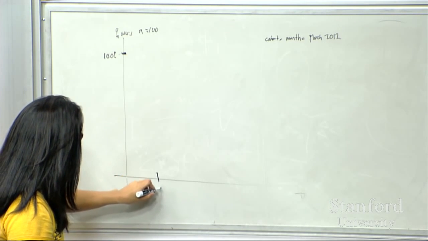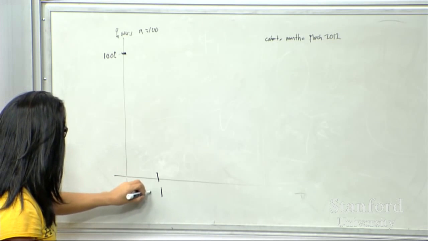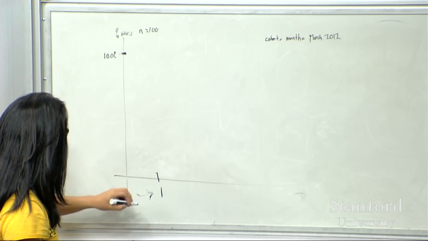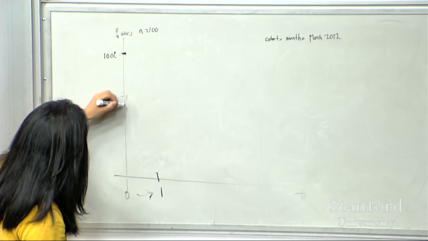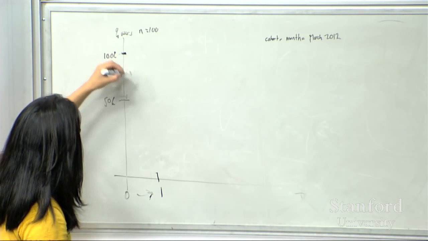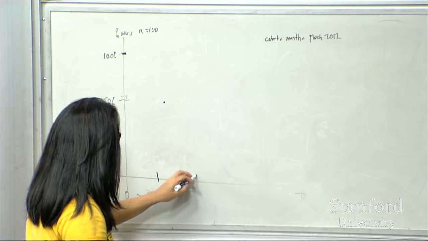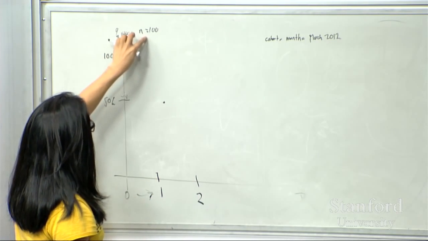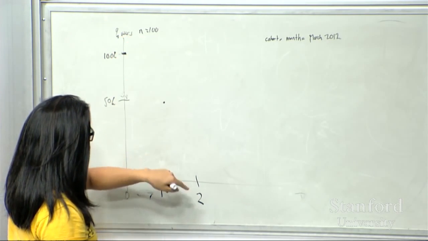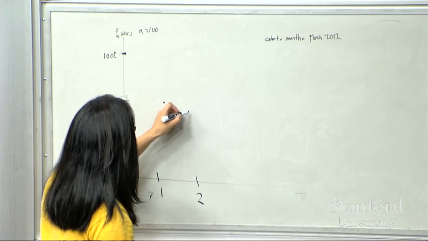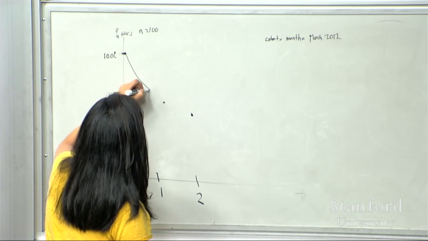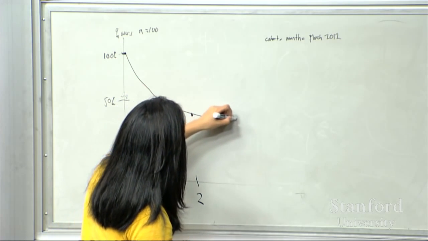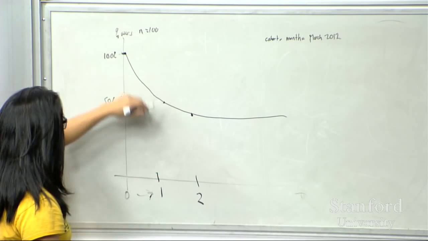Now, 1 month later, you might have, the scale is not right, but 50% might come back, and so you come here. Now, in the second month, how many people that came in March come back 2 months later? That might be down here. And so over time, you'll have a curve that looks like this. There's always some initial drop-off.